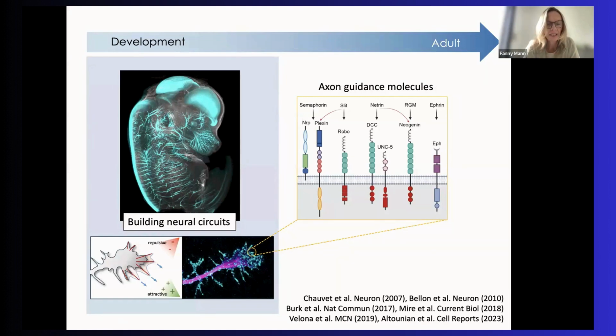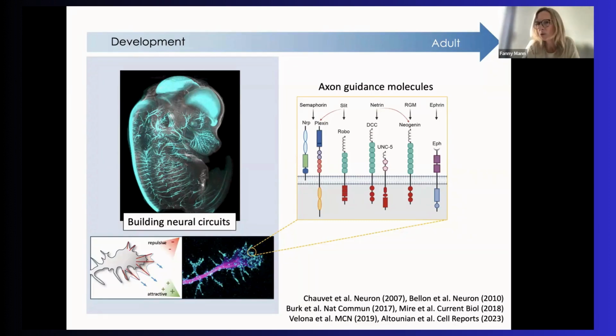And during this navigation, the axons meet and integrate information provided by several molecular cues expressed along the path. So these molecular cues belong to the large families of semaphorins, netrins, or ephrins, and they can steer the growth of axons through either attraction or repulsion.